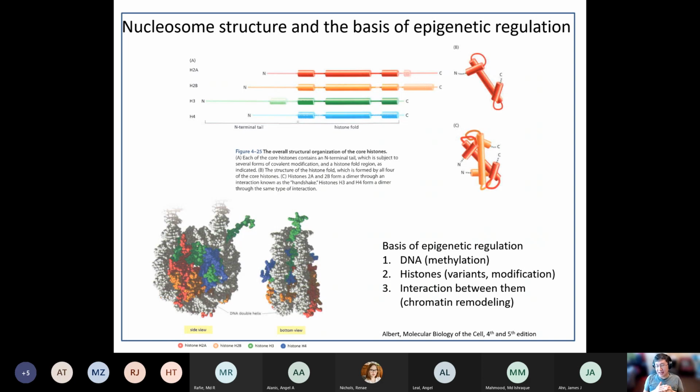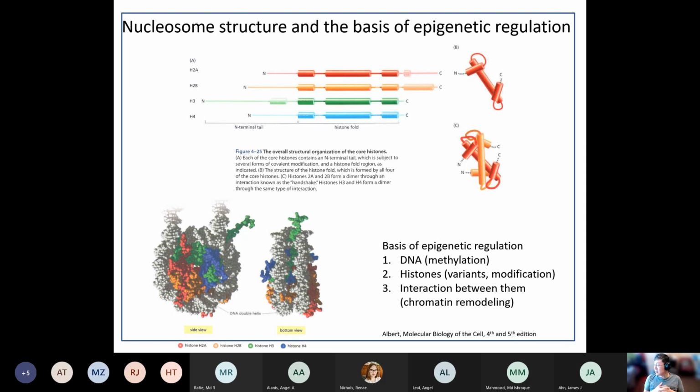So basically, you have 146 nucleotides wrapping around one histone octamer. The histone is an octamer, right? So it's a protein core there, and then you have 146 nucleotides of DNA wrapping around for about 1.7 turns. Okay, that's the fundamental structure of the nucleosome.